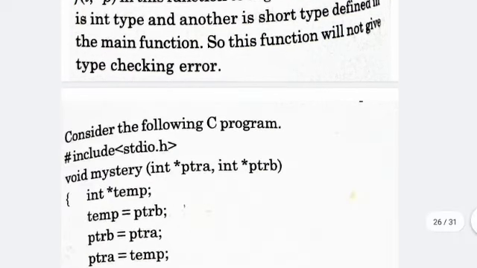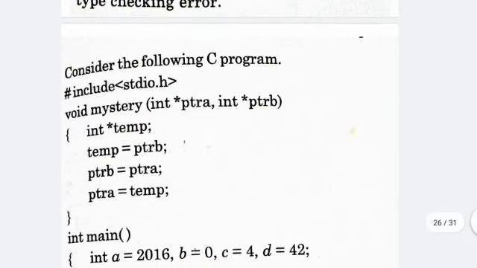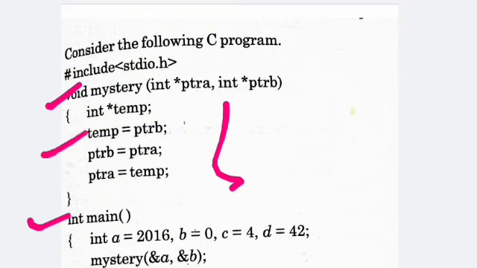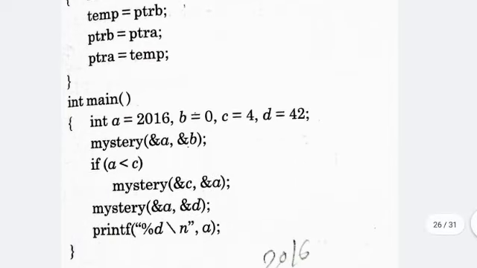Now come to the next question. Here consider the following C program, which is given like this. Here we use a function mystery and a main function. In the function mystery we just swap the values: temp is equal to *ptrb, *ptrb is equal to *ptra, and *ptra is equal to temp. Now come to the main function.